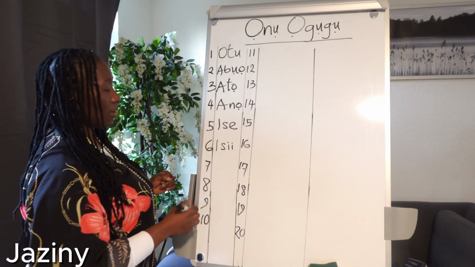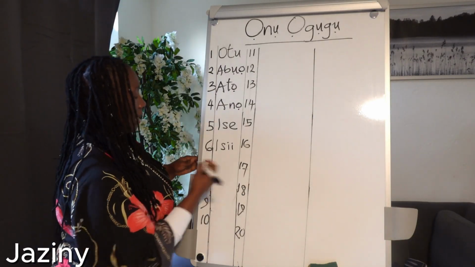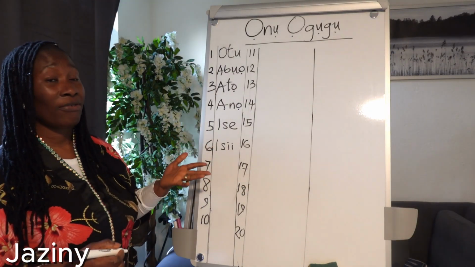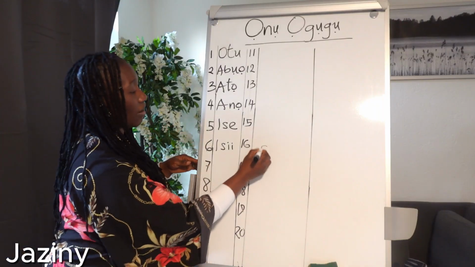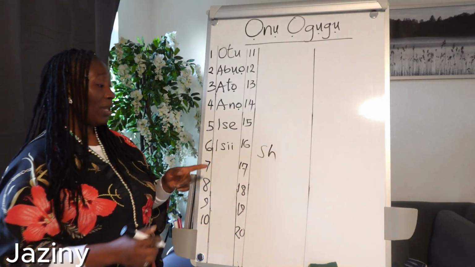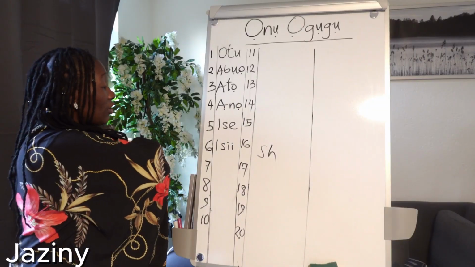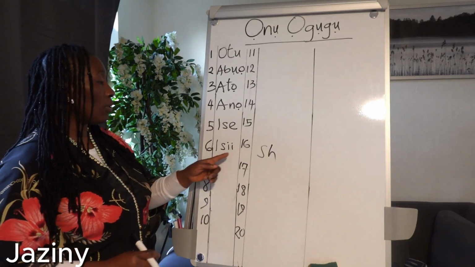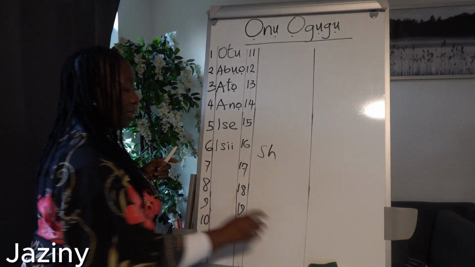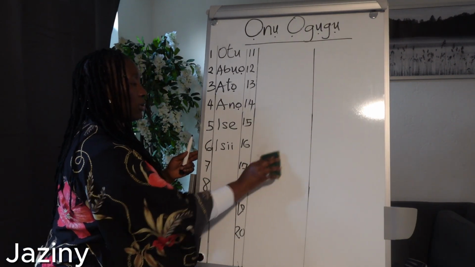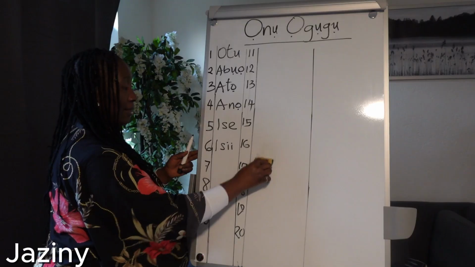Because we have different letters, if I use my local dialect and I tell you the wrong one, I'm going to be confusing you. So I'm going to stick to the standard one.